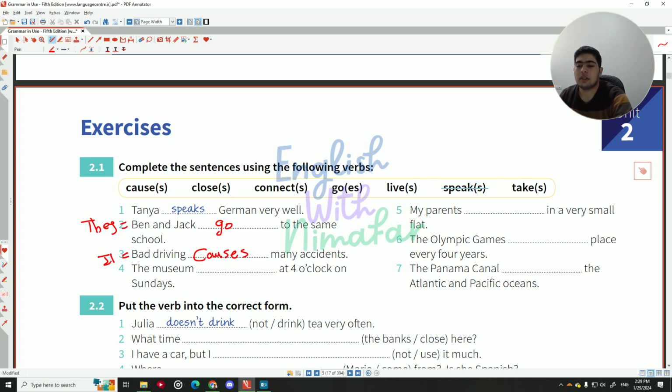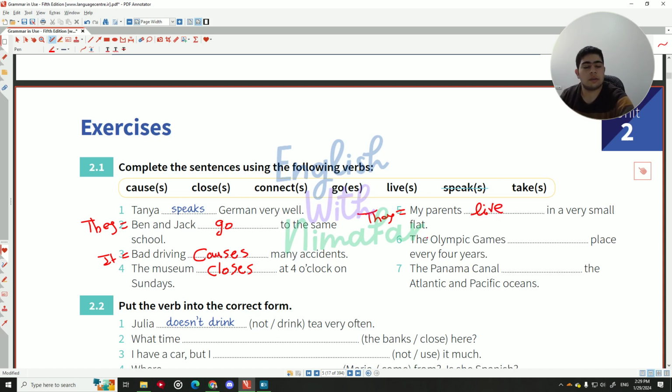Here we say it. The museum, we can say closes. Again, it. Closes at 4 o'clock on Sundays. My parents means they. My parents live in a very small flat.